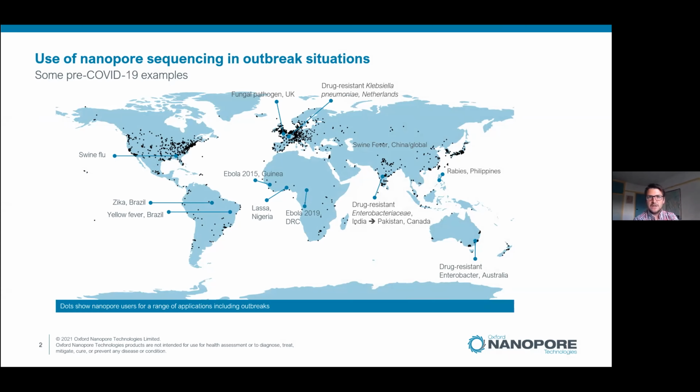But in the past, the Ebola outbreak in Guinea in 2015, 2016, and the Zika outbreak in Brazil that's still going on in some form are of particular interest, and people have been deploying nanopore sequencing in those areas and being able to make decisions according to the outcomes of their sequencing.